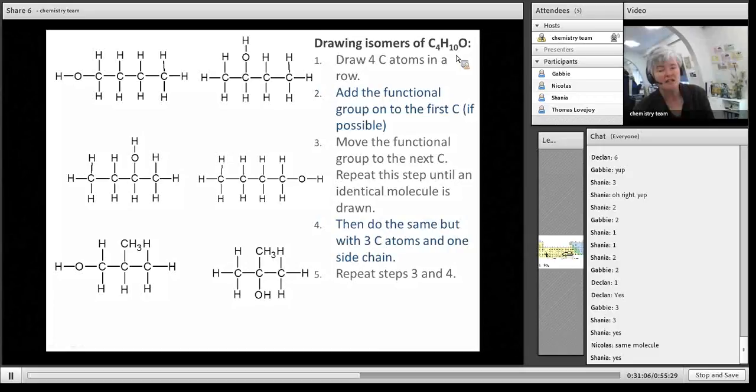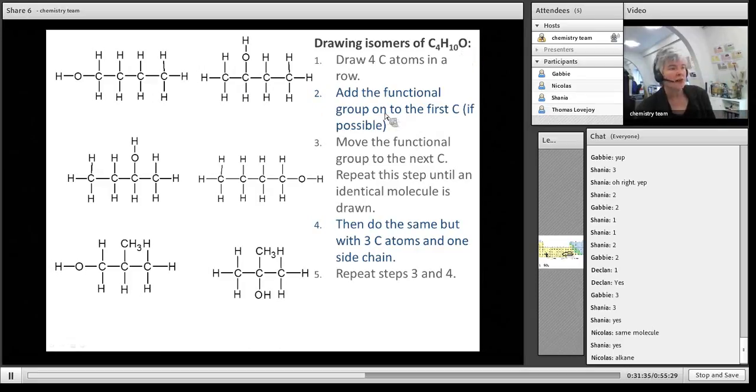C4H10. So it's CnH2n+2. Which one did this apply to? Alkanes, alkenes, or alkynes? CnH2n+2, the alkane. So we know it's only single bonds. The O is just an extra to turn it into an alcohol, but we've only got single bonds.